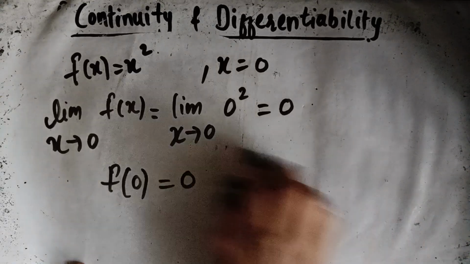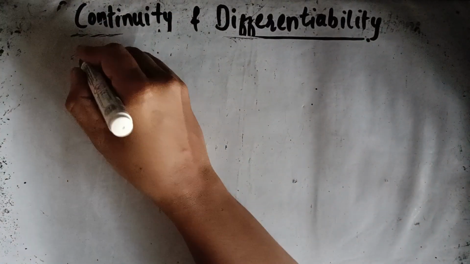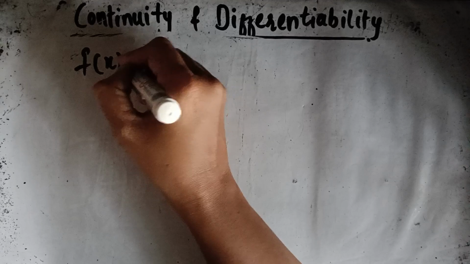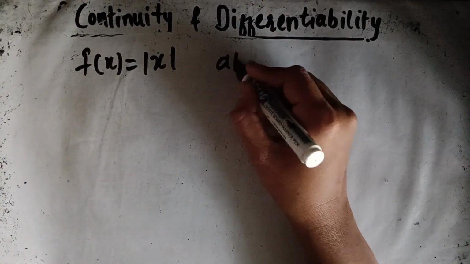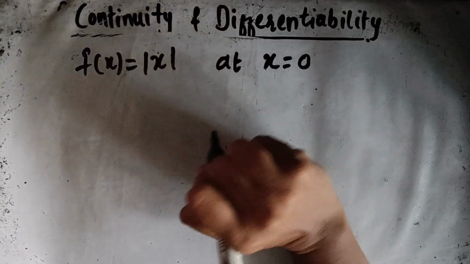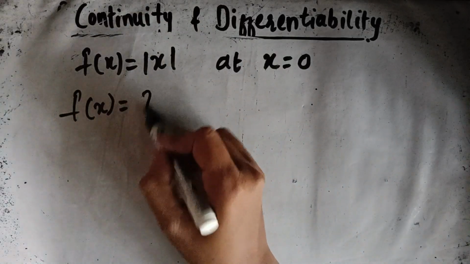The third one is mod of x. The function is mod of x, and you have to check at x equal to 0. How is mod of x defined?